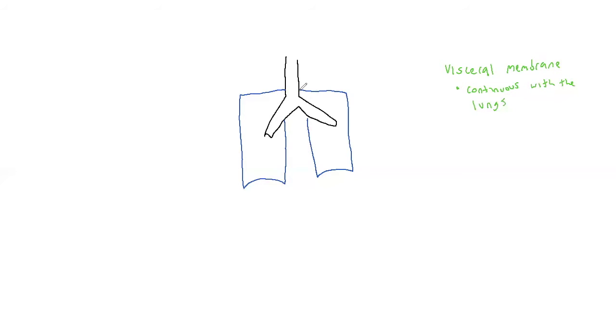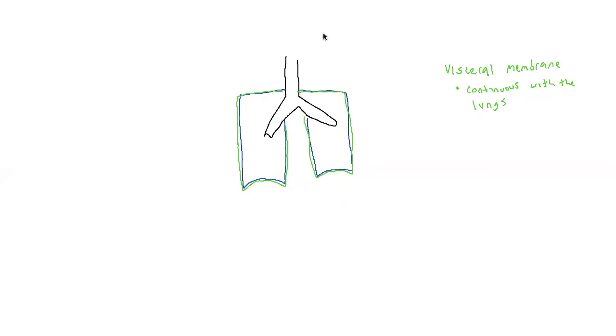So the visceral membrane is basically continuous with the lungs on the outside. Now, the lungs sit in a cavity, the thoracic cavity, and the thoracic cavity is closed from the outside environment, as I'm sure you know.